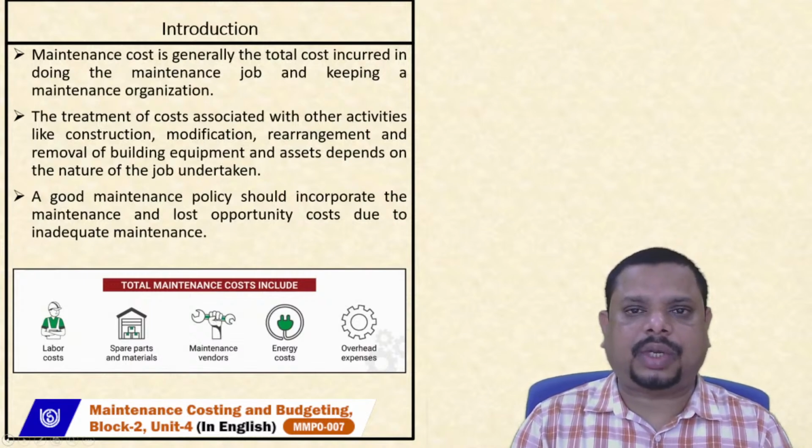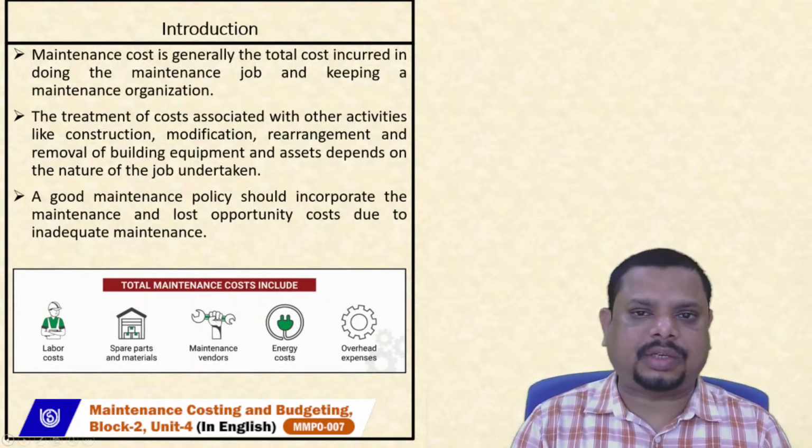Then the cost of energy in the case of utilities, and the next important part is overhead expenses. So the combination of labor cost, spare parts and materials, maintenance vendors, the cost of energy in the form of utilities, and overhead expenses together form the total maintenance cost.